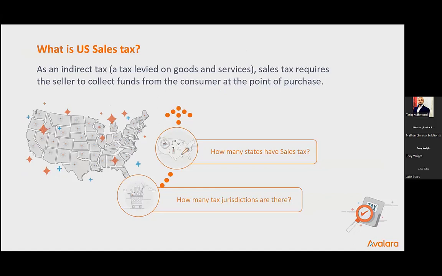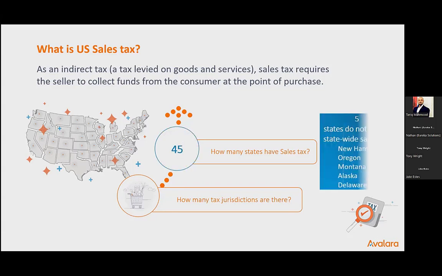The important thing to remember is the seller is held responsible for the calculation, collection, and remittance of tax to the appropriate authorities. 45 states have sales tax, and about 50% of a state's revenue is generated from sales tax. So they really do want every business paying them sales tax.